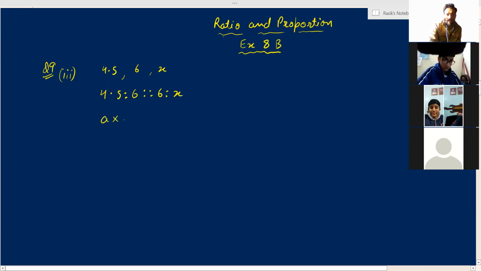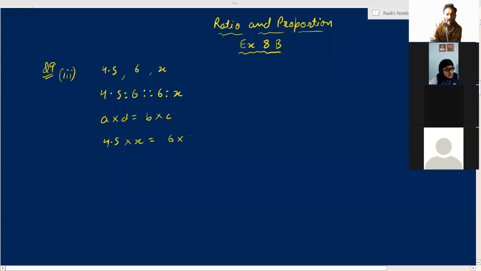Again, we use the same formula. Product of extremes equal to product of means. 4.5 into x is equal to product of means 6 into 6. So x equal to 6 into 6 divided by 4.5. Remove the decimal, multiply the numerator by 10. Now you can divide by 3.